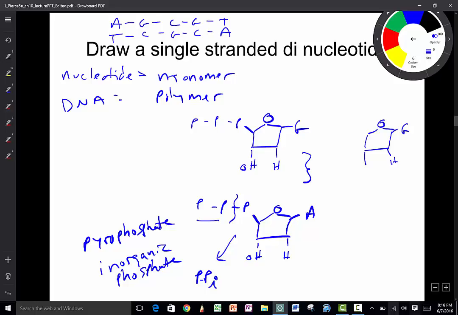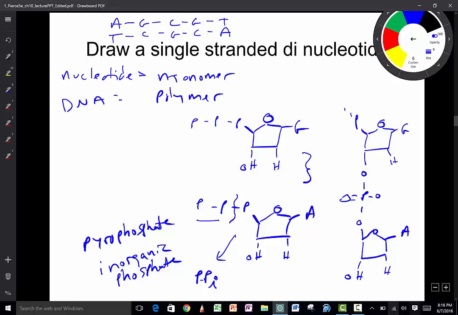But we get rid of those two phosphates, and then the one that's remaining, I'll draw the whole thing out, is used to link the two nucleotides together. So then this is on that carbon, then you got this guy here. Yeah, that would be an A. So that's a single-stranded dinucleotide.